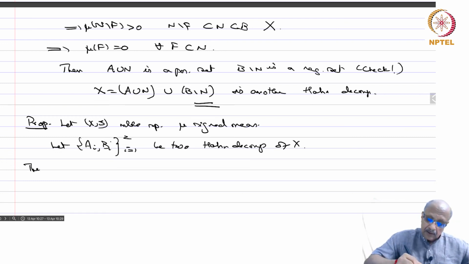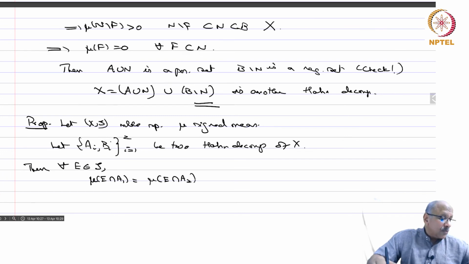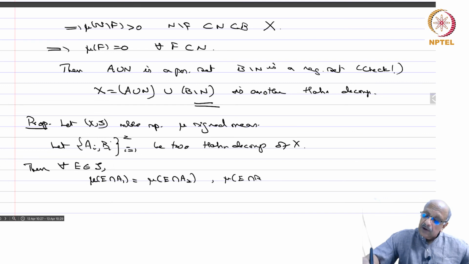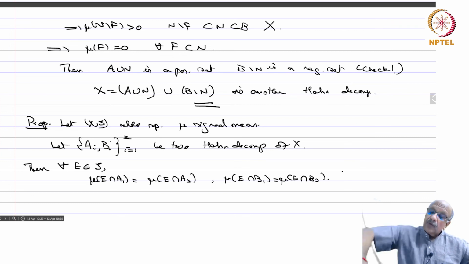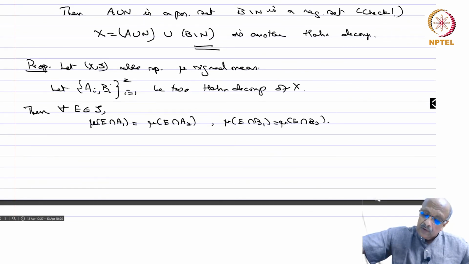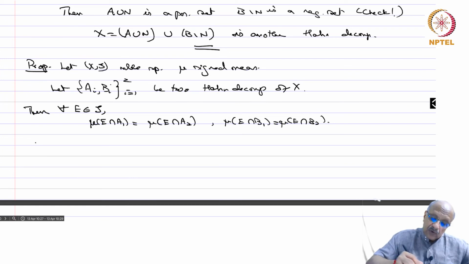Then for every E in S, you have mu of E intersection A1 is the same as mu of E intersection A2, and mu of E intersection B1 equals mu of E intersection B2. So however you do it, it doesn't matter. So, proof.